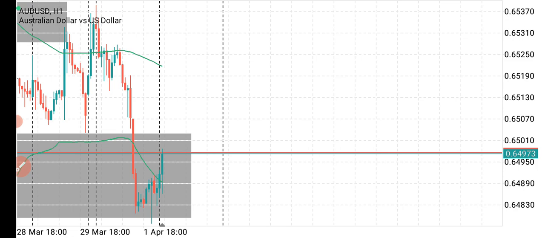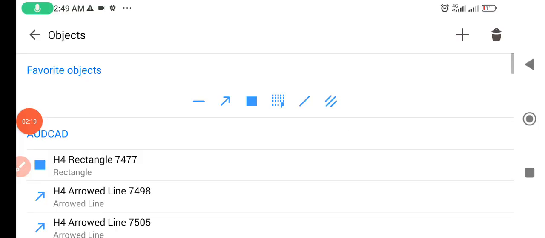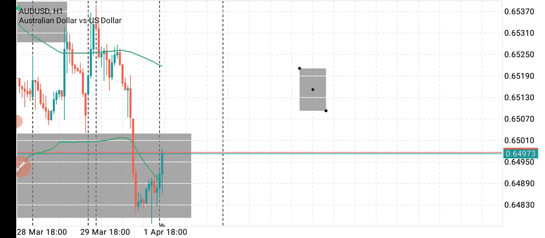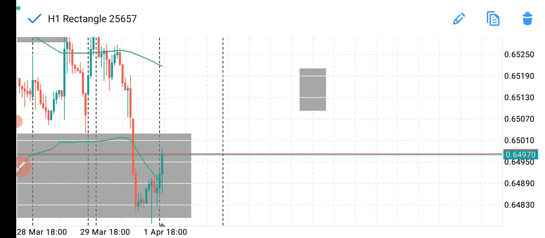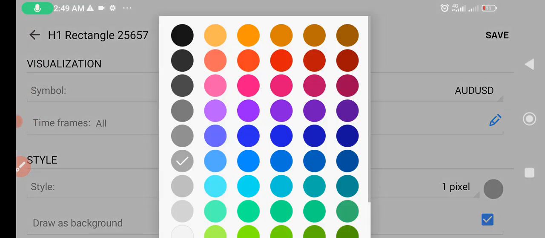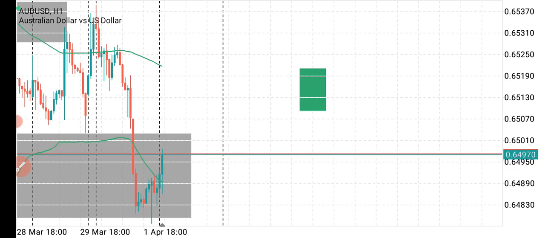Because you are expecting that in every resistance zone, there are selling orders, and as such you want to see selling orders coming into the market to determine that it is a resistance zone.